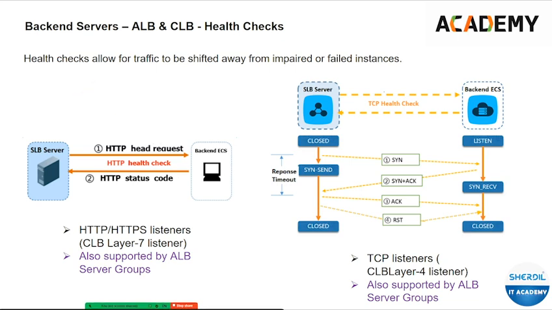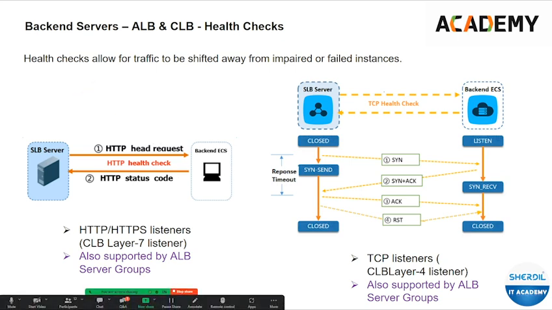So now let's discuss here. Let's talk about the backend instances, how backend instances will work. In the backend instance, if the server does not respond, it will move on to another server.